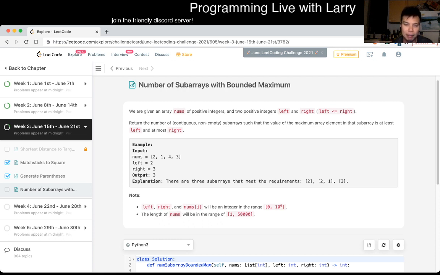And for each independent problem, it should be sliding window, right? You start at 0, you slide. It's good. Then that means that everything before and after is good.